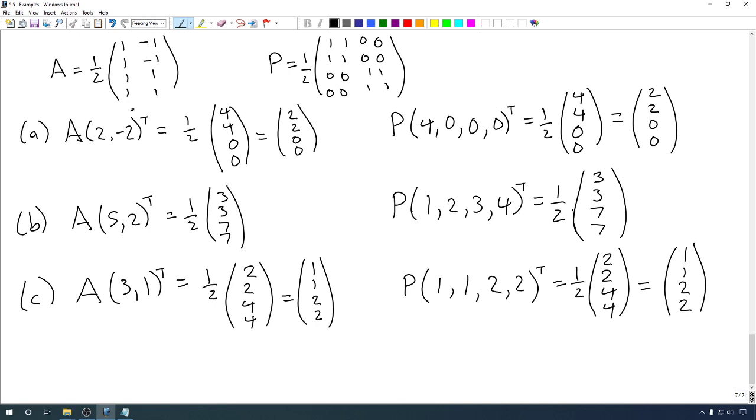I don't see it off the top of my head, but there is a way to write this vector as a linear combination of these vectors. That's what that means. So it's not as mysterious as you might have thought. But that's gotten a little bit off topic. The point here is to show how we can use orthogonality to solve least squares problems and what that means.